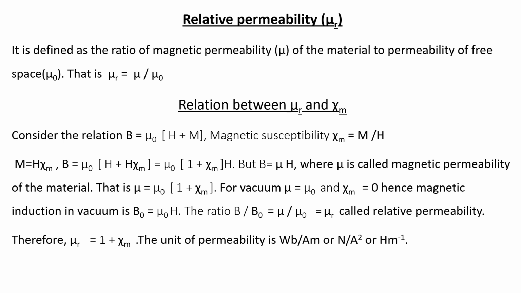Therefore, chi m is equal to 0, and hence the magnetic induction in vacuum is B0 is equal to mu 0 H. The ratio B by B0, or mu by mu 0, is called the relative permeability mu R. Therefore, mu R is equal to 1 plus chi m. The unit of permeability is Weber per ampere meter.